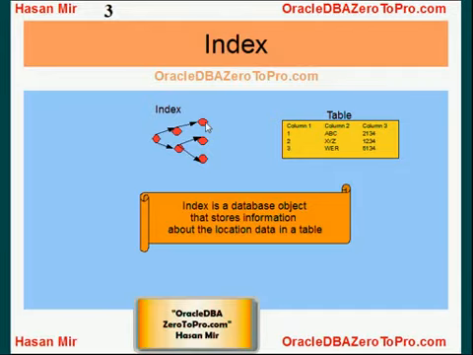Oracle can directly go to any row if it is given the row ID. So the index basically gives Oracle the row ID of the record, and Oracle doesn't have to scan the table from top to bottom. Oracle has to do two reads, one on the index and one directly on the row ID of the table. This is how the index works. I'll have separate, very detailed tutorials on the index, so this is just an introduction.